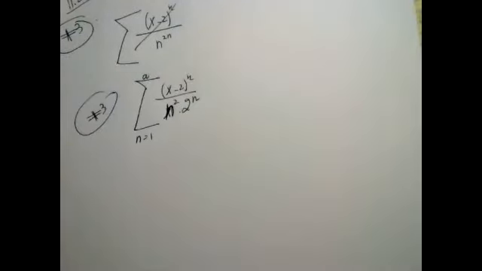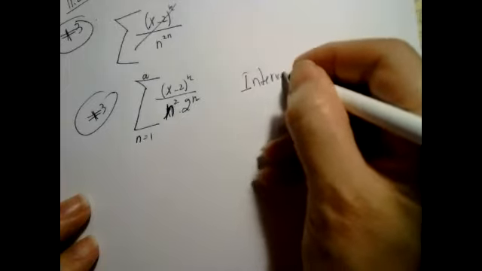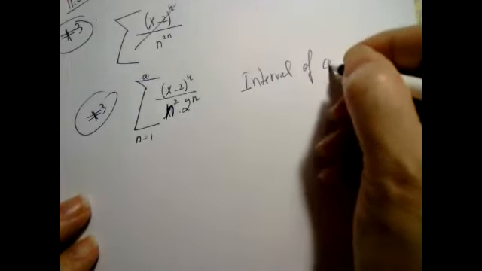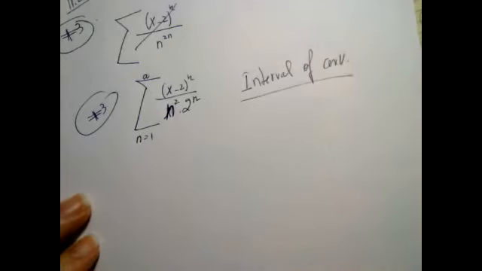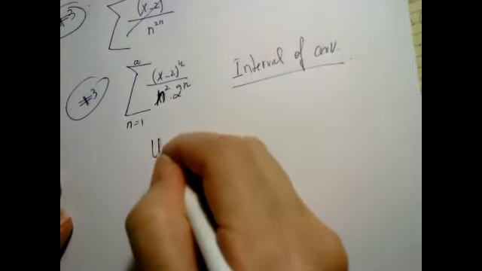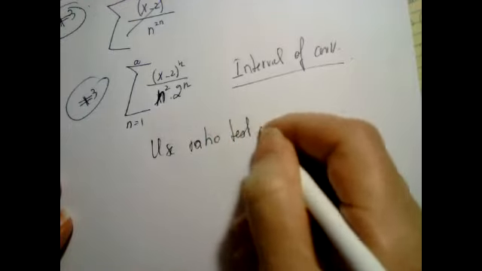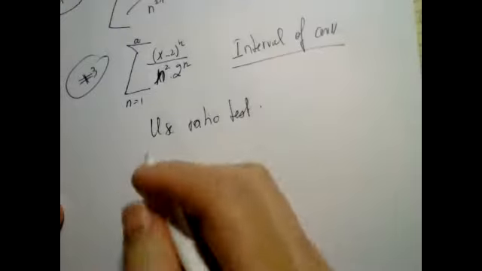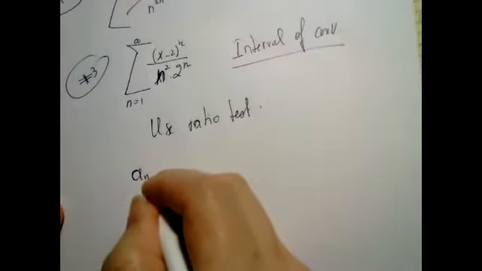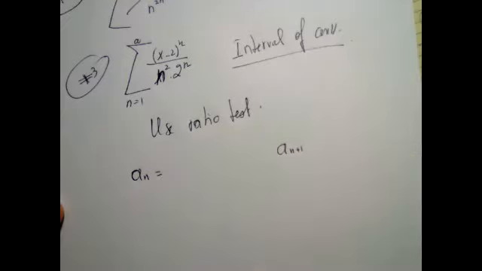All right. So the question, I imagine, is the interval of convergence, right? So we use the ratio test. And we figure out first what a_n is and what a_(n+1) is.